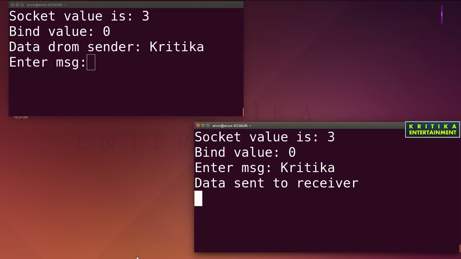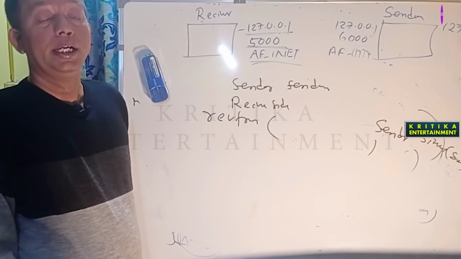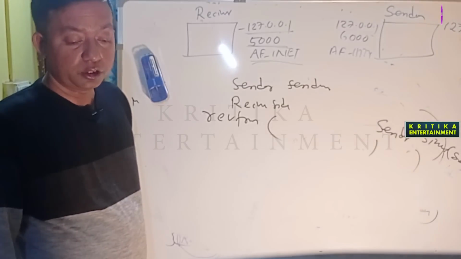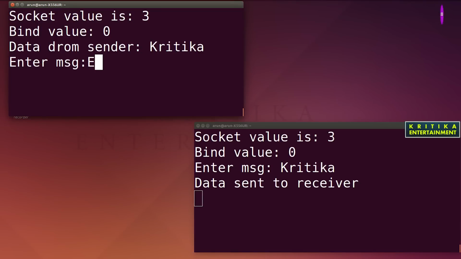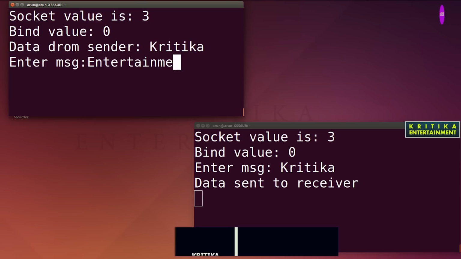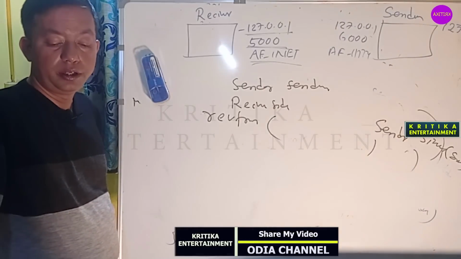So it will display Kritika on the receiver side, and the receiver will send a message. Suppose entertainment. Then it will display on the sender side that the receiver's value is entertainment.